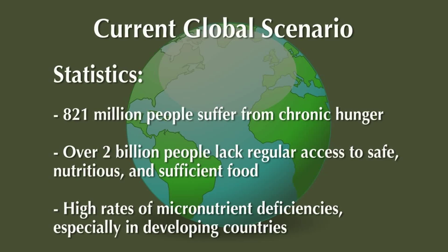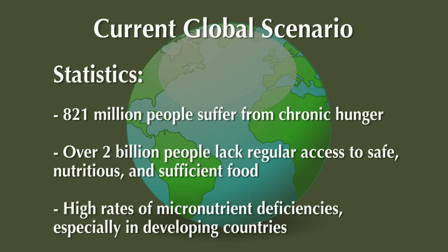Now if you go by statistics, as per the Food and Agriculture Organization, 821 million people suffer from chronic hunger over the world at present, as per the report of 2021.